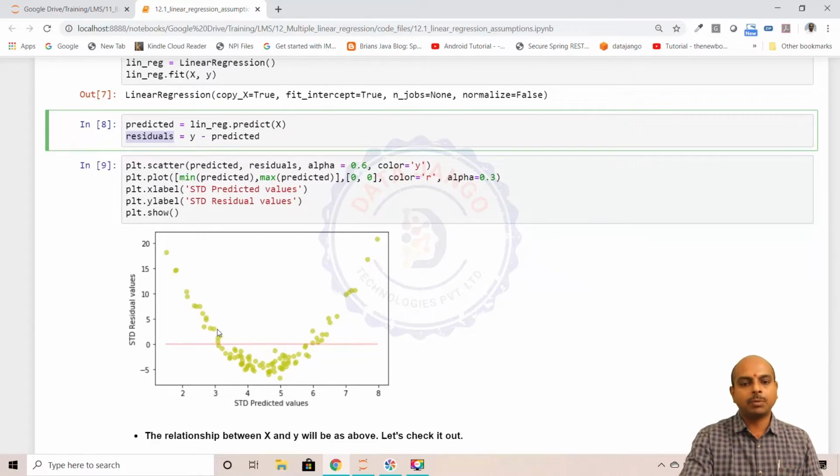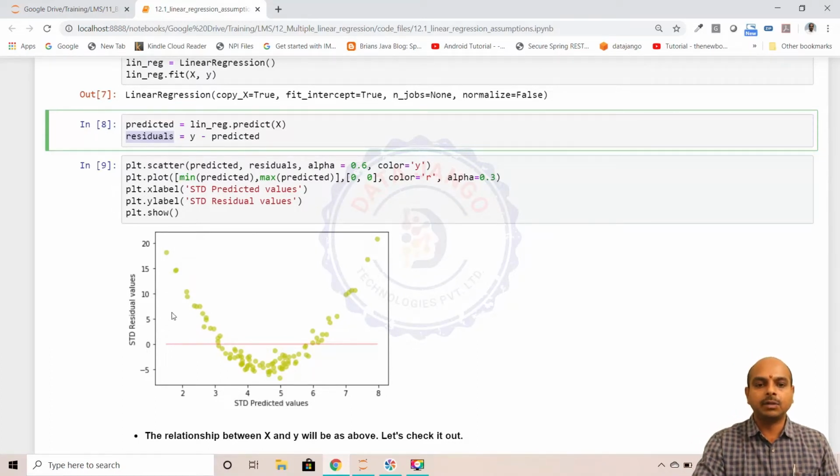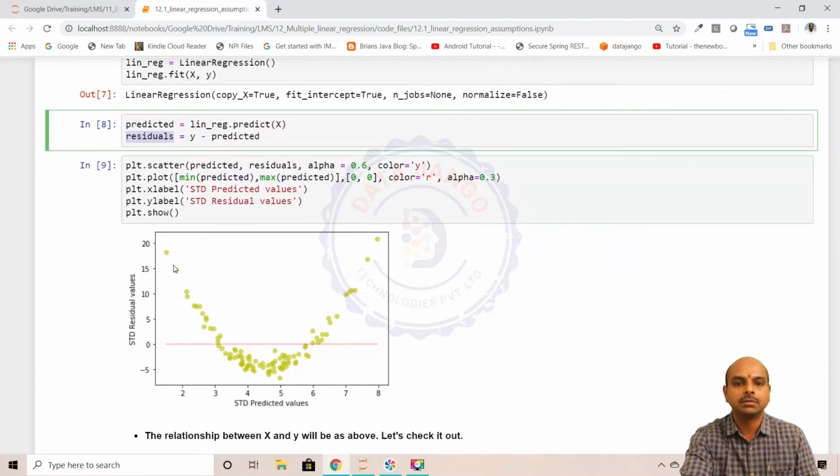And one more point: if the error is high, that means y minus predicted value, y cap, is high. That means the linear regression algorithm's predicted value is too far from your actual y value. Suppose y is 10 and the predicted value is 5, the difference is 5.